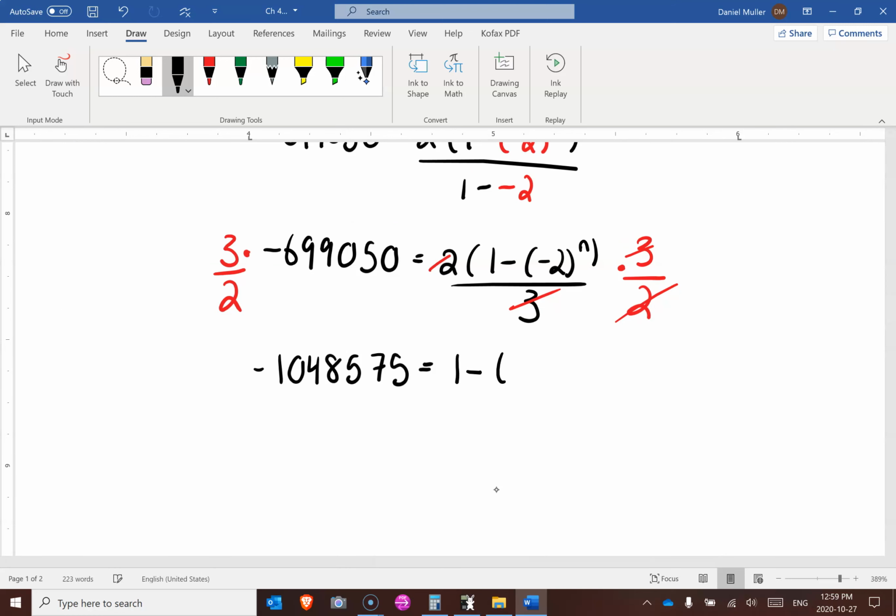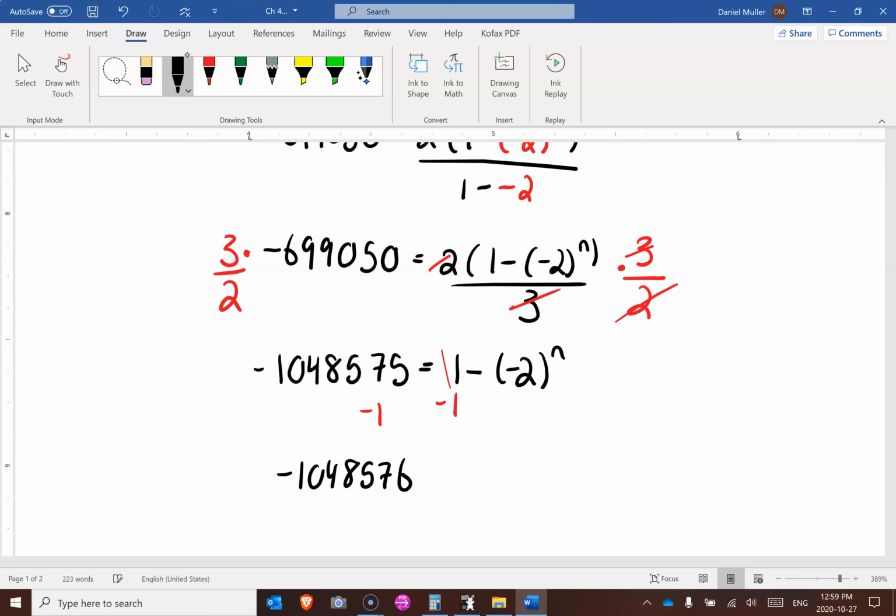So I have 1 minus -2 to the n. Now I got to get rid of this 1. How do you do that? It looks like there's a minus sign here, but really this is a positive 1. The symbol in front of it is actually a plus. So to get rid of this positive 1, we're going to subtract it from both sides. So I've got -1,048,576.